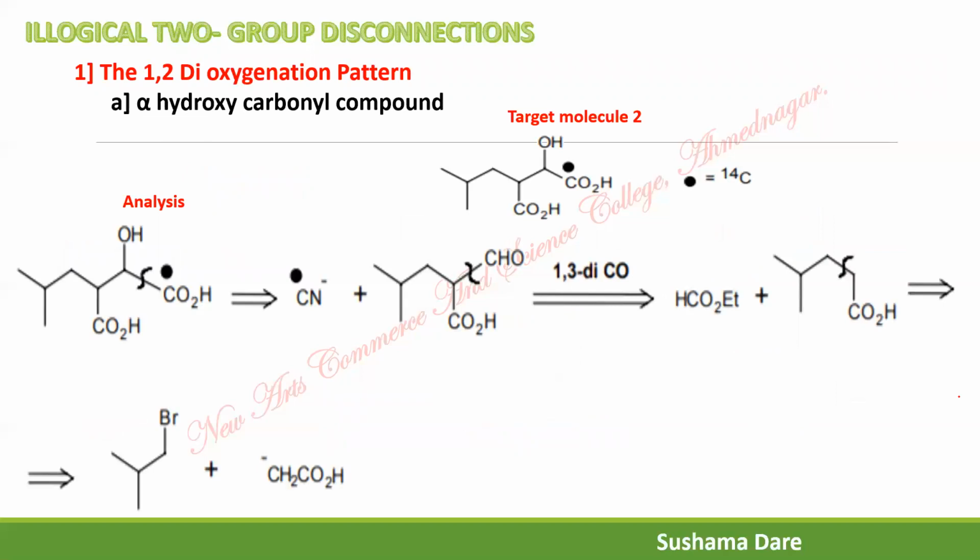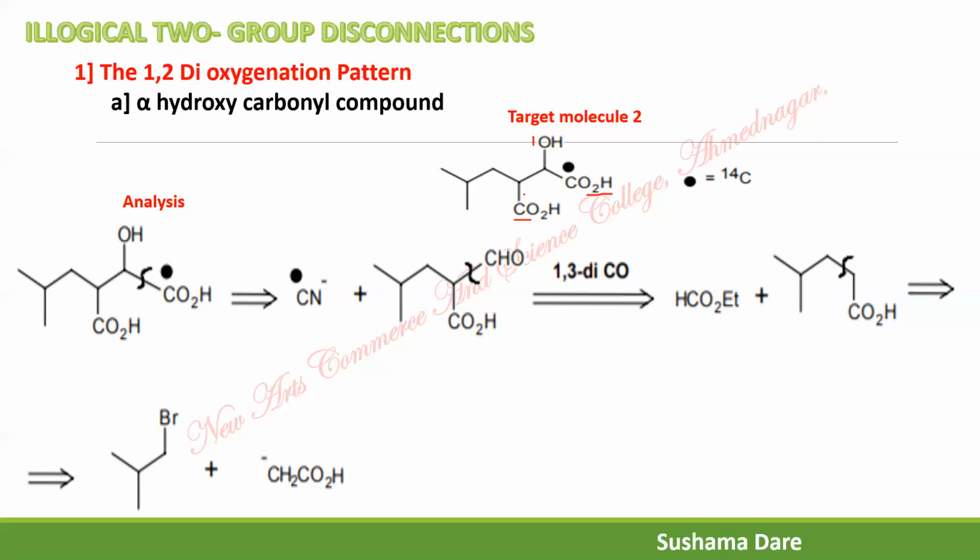Now this is a new example where again the same situation is there. How many different functional groups are there? Again, you have an acid functional group, and you have an oxygen, that is, a hydroxy functional group. Now let us find out the different relations.